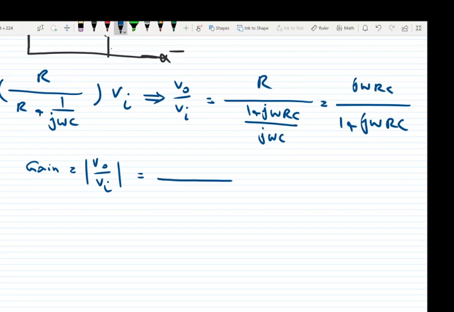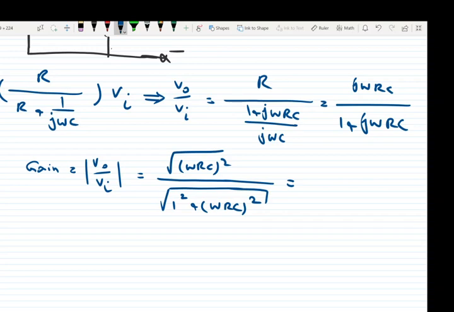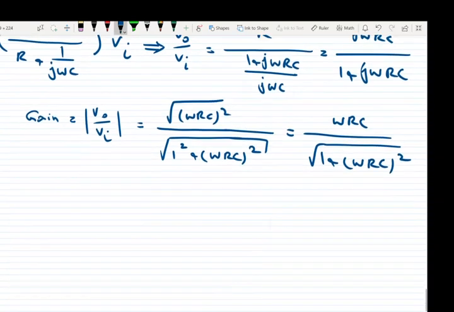It is the absolute value of the numerator, which has only an imaginary part, of course, square root of (omega RC) squared. For the denominator, it's equal to square root of 1 squared plus (omega RC) squared, so the gain is omega RC over square root of 1 plus (omega RC) squared. Okay, now we got the gain.